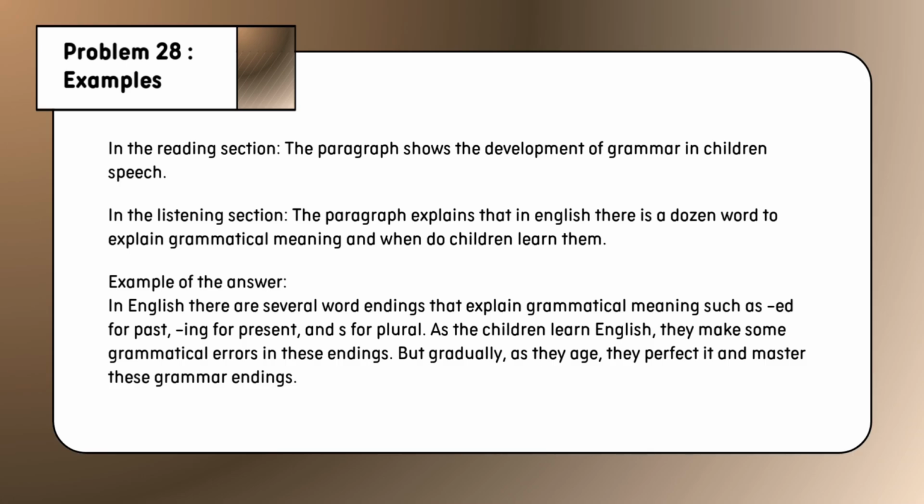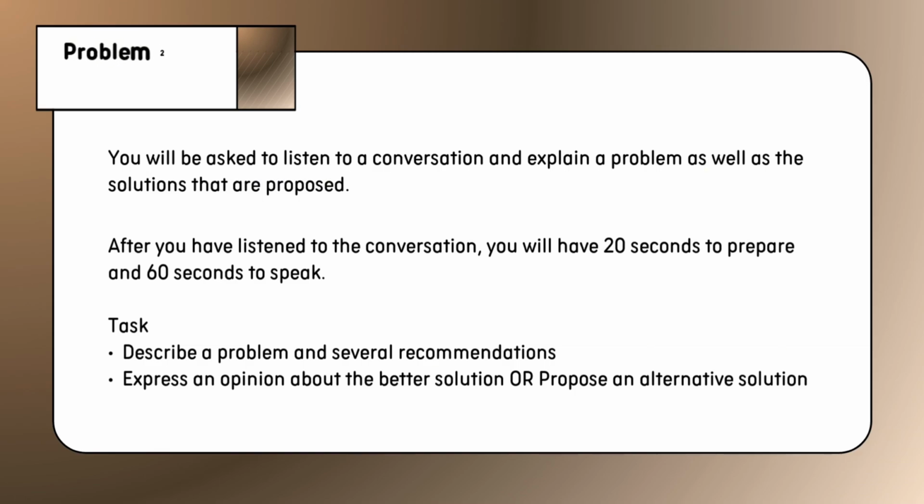Example of the answer: in English, there are several word endings that explain grammatical meaning, such as -ed for past, -ing for present, and -s for plural. As the children learn English, they make some grammatical errors in these endings, but gradually, as they age, they perfect it and master these grammar endings.